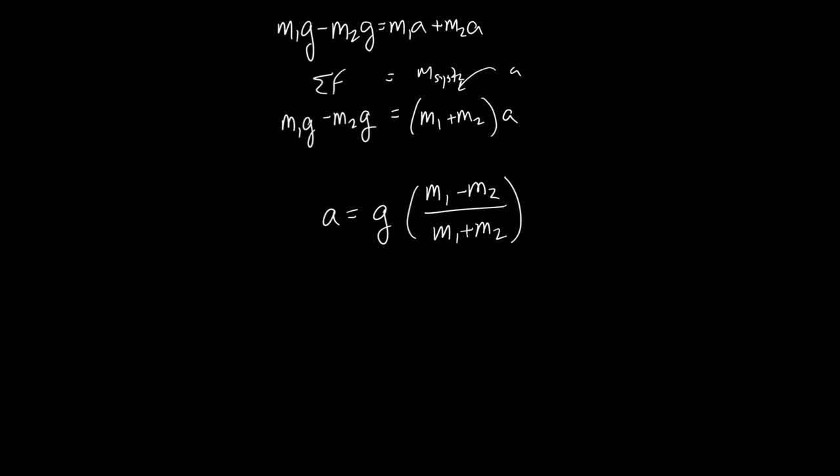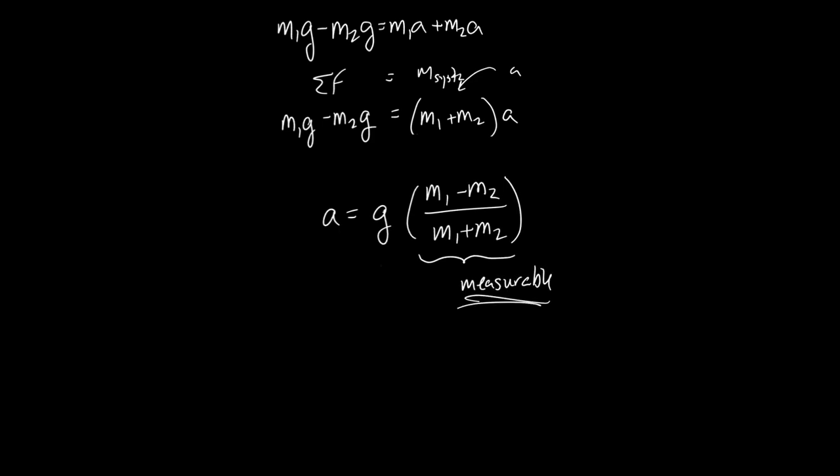I want to get to this because first, this term is unitless, right? Kilograms divided by kilograms cancels out, so there's no units inside there. That means whatever the units of G will be the units of A. G is an acceleration, so you have a way of kind of checking and ensuring that your algebra is done correctly. But also, it occurs to me that everything in here is measurable.